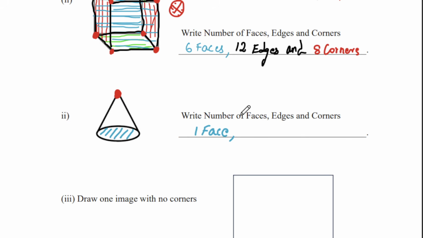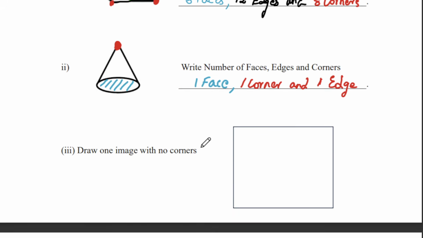We have one corner. And how many edges do we have? The same, it is the edge here. So we have one edge. Okay, so one face, one corner and one edge.